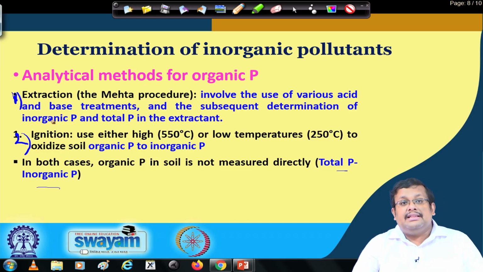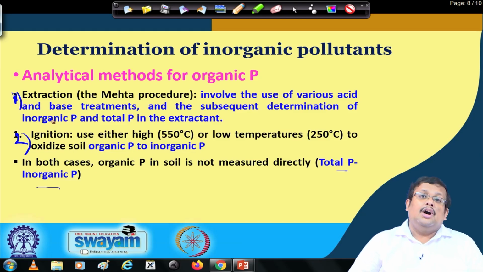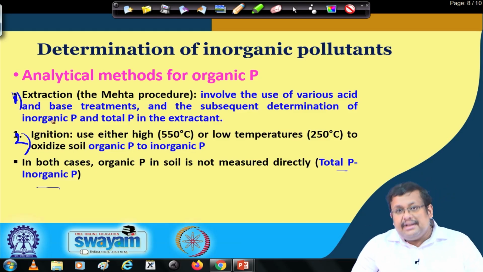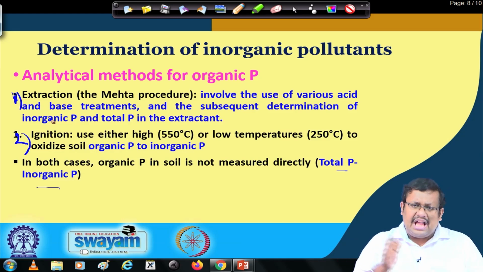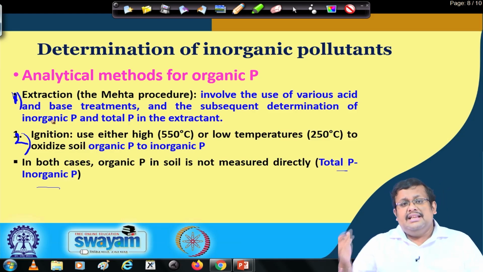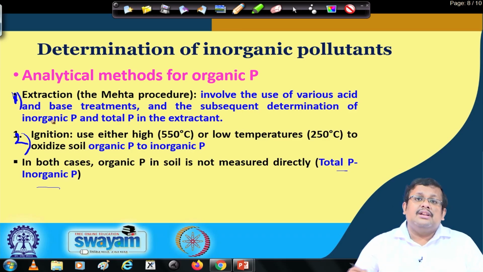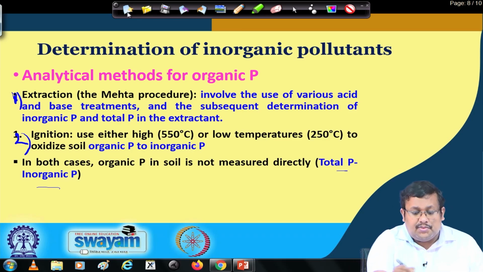Whereas, the ignition method uses either high temperature, that is 550 degrees centigrade, or low temperature, that is 250 degrees centigrade, to oxidize soil organic phosphorus to inorganic phosphorus. However, in both cases they are indirectly measuring the organic phosphorus by subtracting the inorganic phosphorus from the total phosphorus.